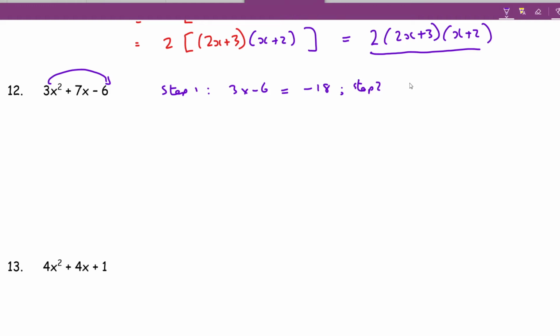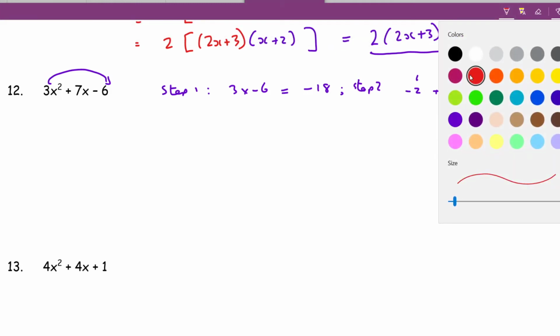So if I break it down, I've got 1 times 18, 2 times 9. Here it is. That's the one. So I can call that a positive, and that's a negative.